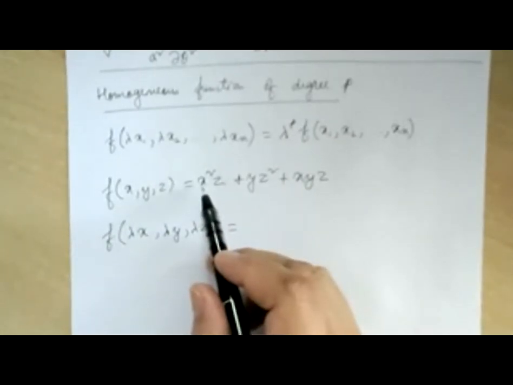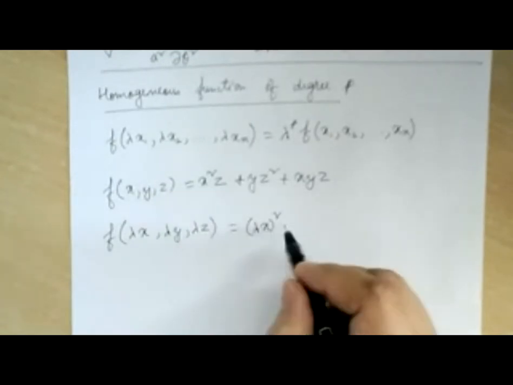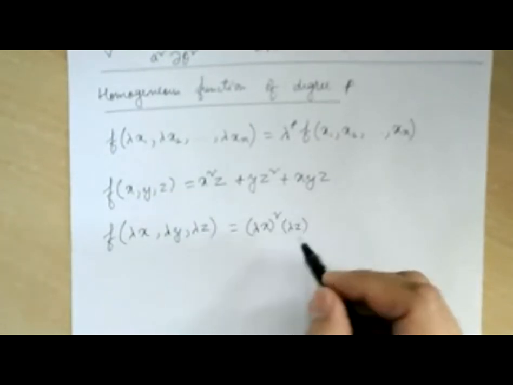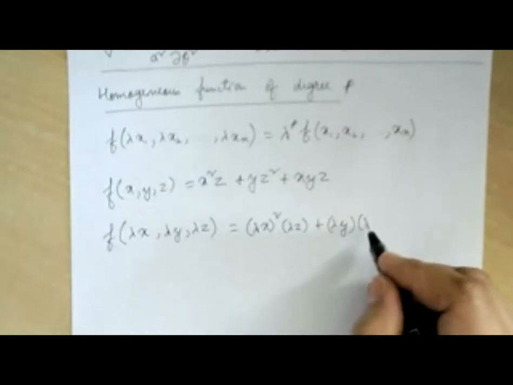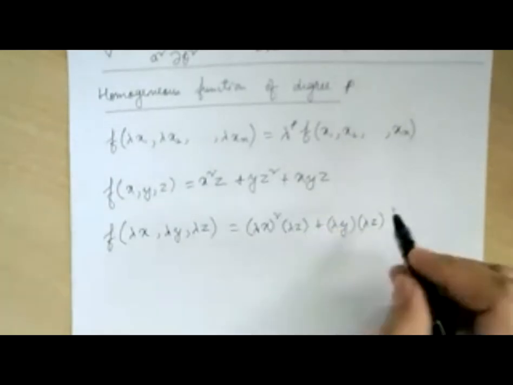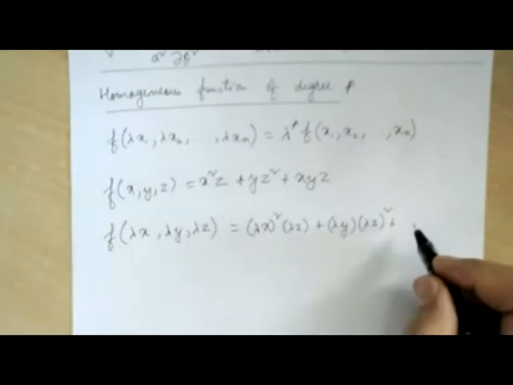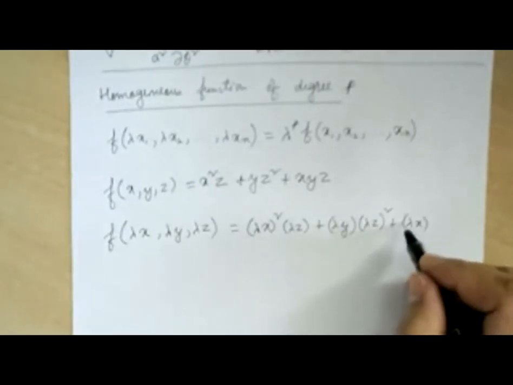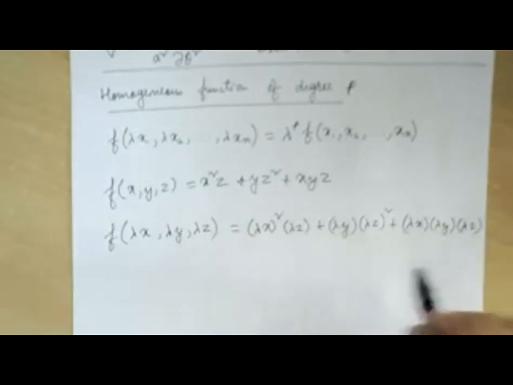Instead of x, we write lambda x whole square. Instead of z, we write lambda z. Plus, instead of y, we write lambda y, and instead of z, lambda z whole square. Plus lambda x, lambda y, lambda z.